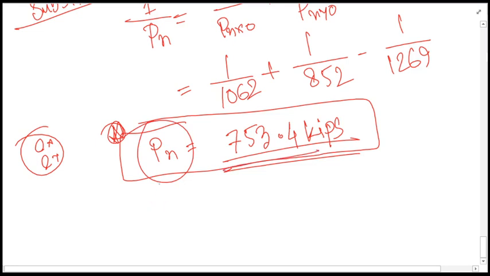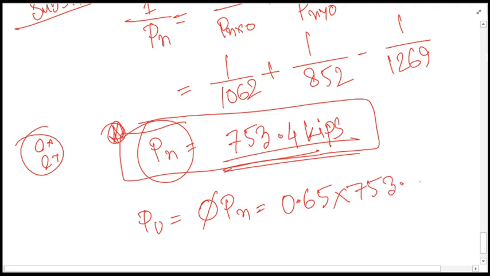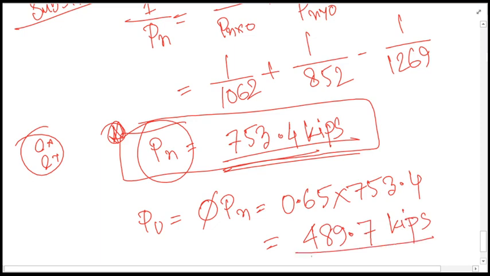And if we factorize this to obtain the final value, Pu will be nothing but phi times Pn, that is 0.65 as a tied column. 753.4 will be multiplied with this to obtain the final value, which will give you 489.7 kips. Can you imagine this?